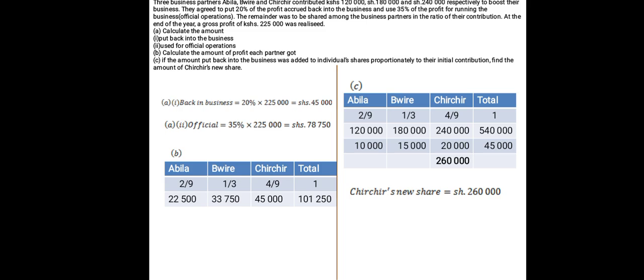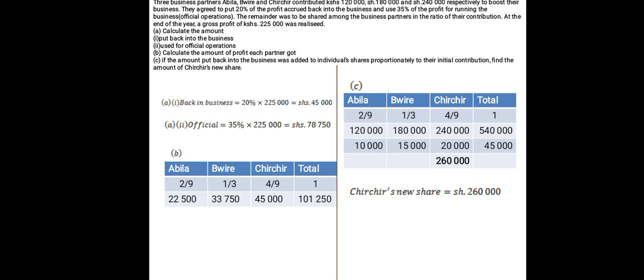Now, the last part, part C, we have been told that if what was put back in the business was added to their shares, what will be Chirchil's share? Now, what was put back in the business is 45,000. Now, divide by the ratio of their contribution. Abila gets 10,000. That is 45,000 multiplied by 2/9. Bwire gets 15,000. That is 1/3 multiplied by 45,000.